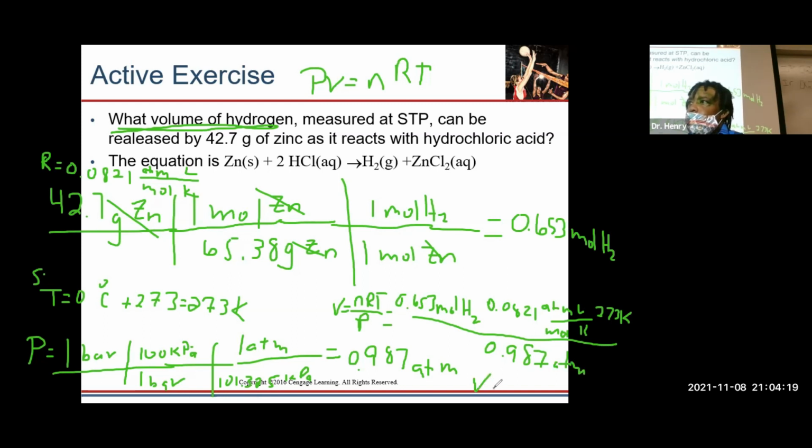Plug it in, we get V equals 14.8 liters of H2. What do you get? Same.